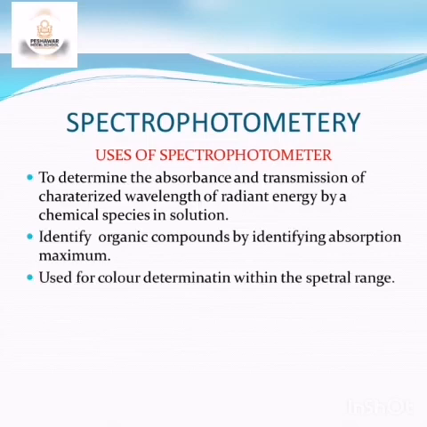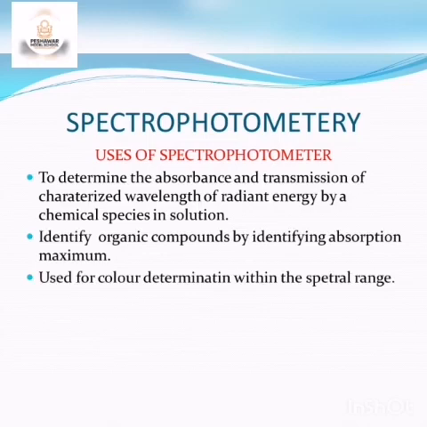So if in the solution there are two or more reactants, by their colors we can find out which spectrum has been produced by which substance. Identify organic compounds by identifying absorption maximum.